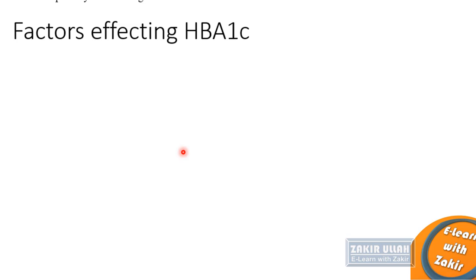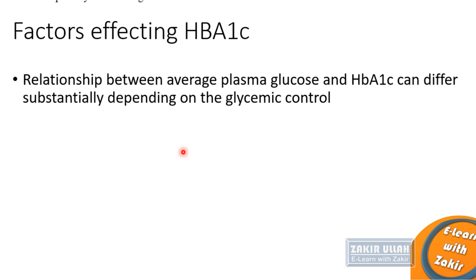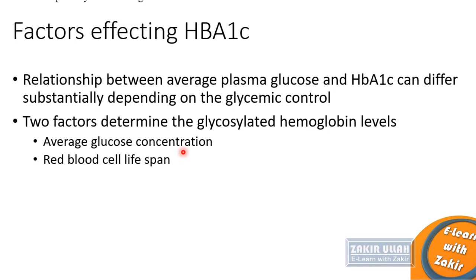What are the different factors that affect the hemoglobin A1c level, or the glycated hemoglobin level? The relationship between average plasma glucose level and HbA1c level can differ substantially depending on the patient's glycemic control. Two factors determine the glycated hemoglobin level.